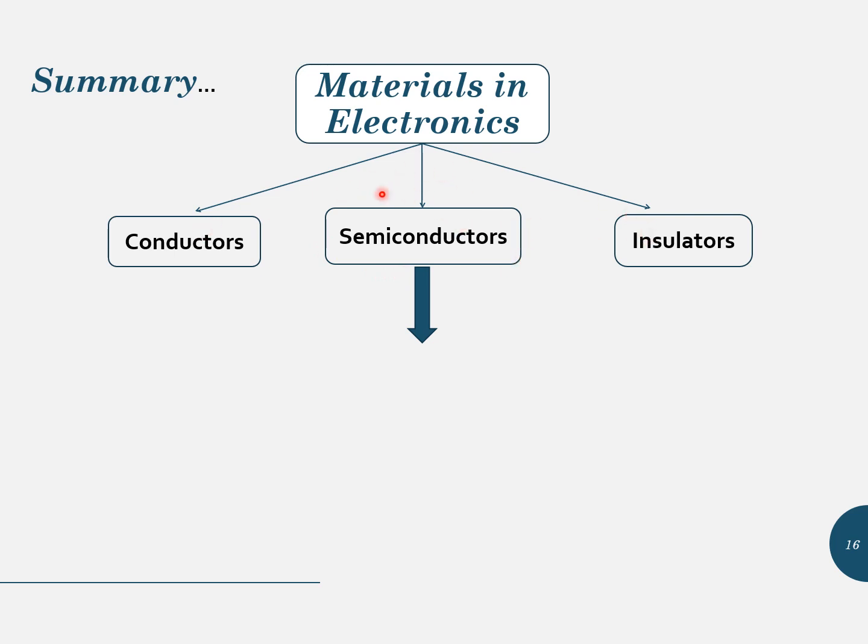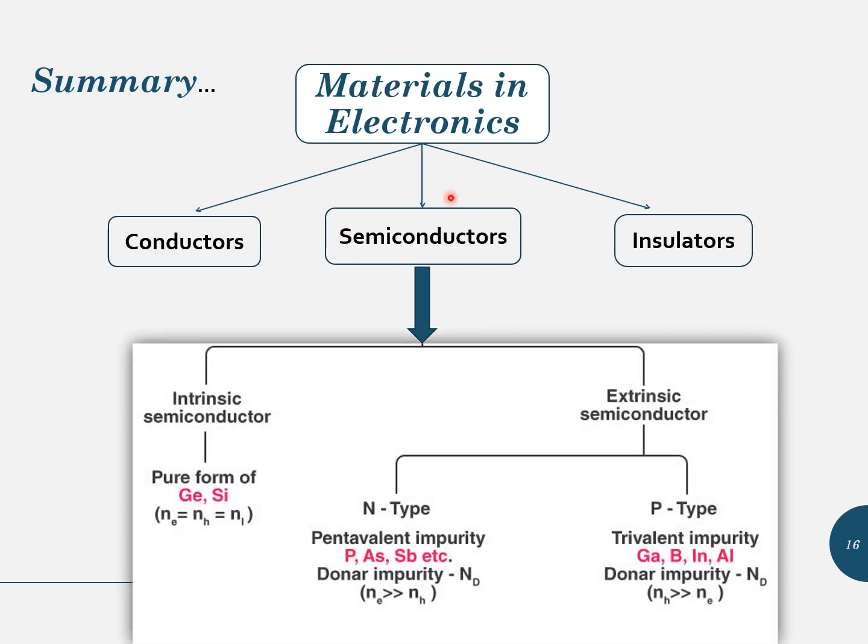Now, when we talk about semiconductors, there are two types of semiconductors: intrinsic semiconductors and extrinsic semiconductors. Intrinsic semiconductors are pure form of semiconductors with no impurities, whereas extrinsic semiconductors have impurities.